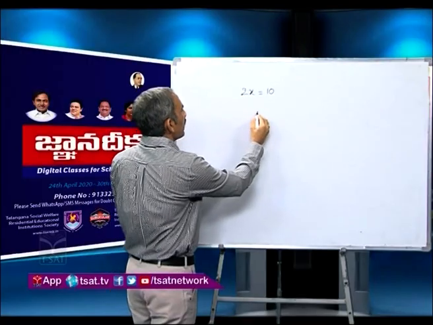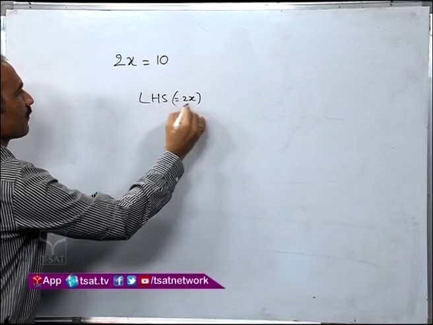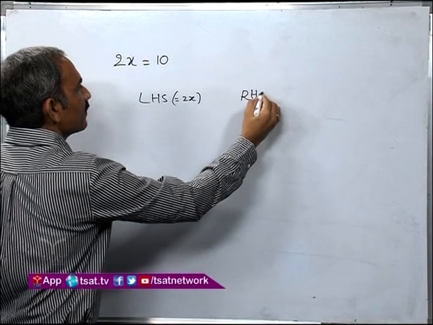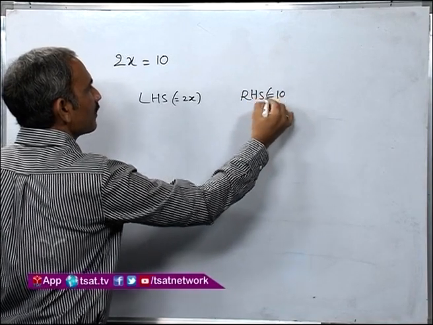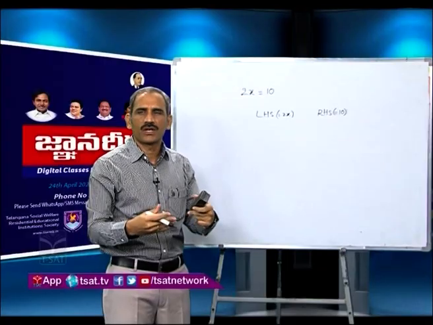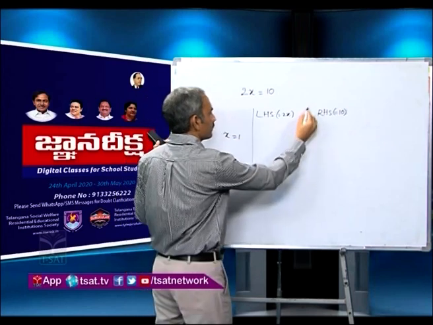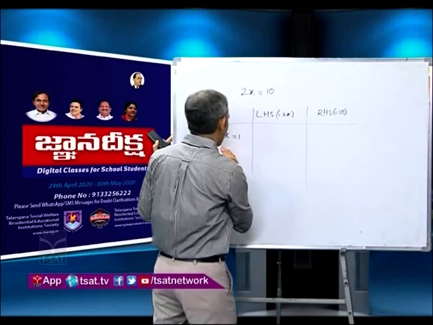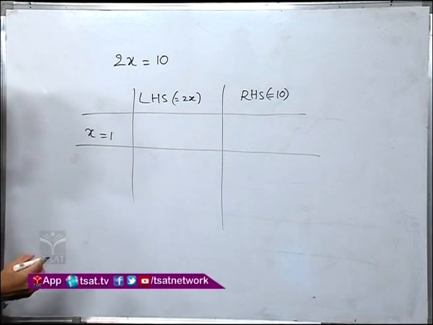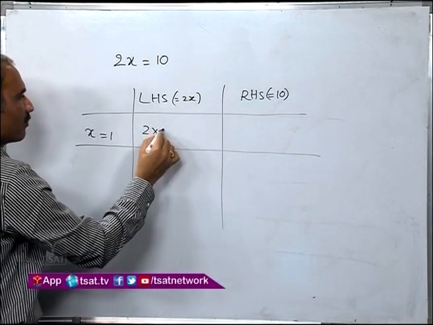Now, here what is LHS? This is 2x. What is RHS? This is fixed, I mean constant, that is 10. Now, I am giving different values for the variable. Let us take x is equal to 1. If x is equal to 1, what will be the LHS? That means 2 into, in place of x, write this value 1.